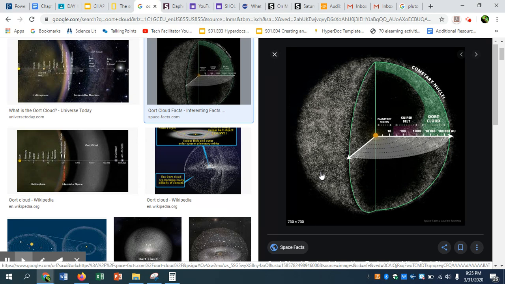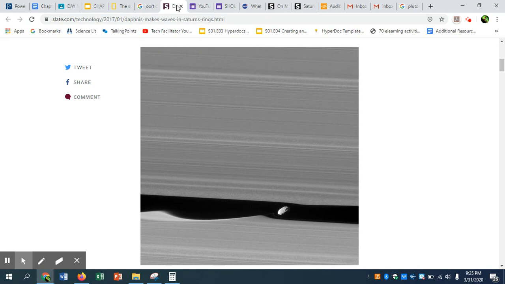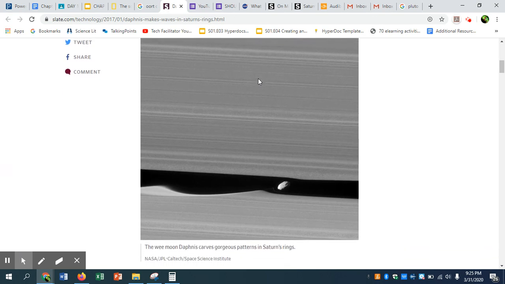The other last picture I want to show you, because you're probably sick of me talking, is that with Saturn and its marvelous rings. Well, sometimes the moons of Saturn either go through the rings or have a path in the rings. So this is one of Saturn's moons, Daphnis.